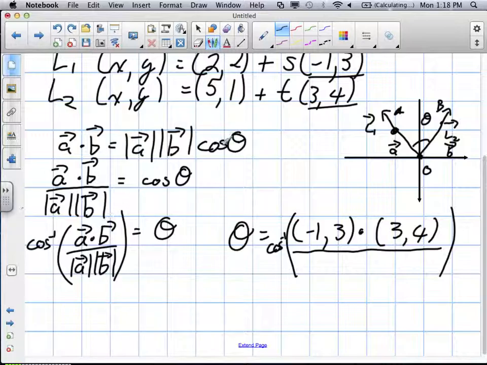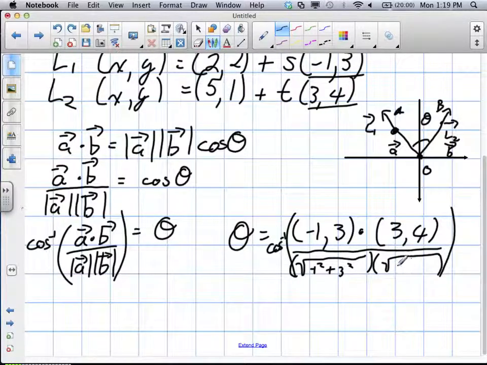Well, the magnitude of A is where we take those 2 points, square them, and square root them. So if you remember, that's going to be the square root of -1 squared plus 3 squared, and multiplied by the square root of 3 squared plus 4 squared. Okay. Our dot product on top is going to give us -1 times 3, which is -3, plus 3 times 4 is 12.